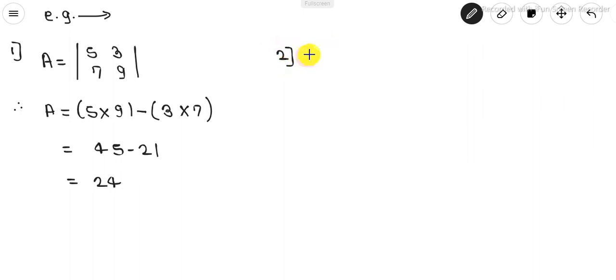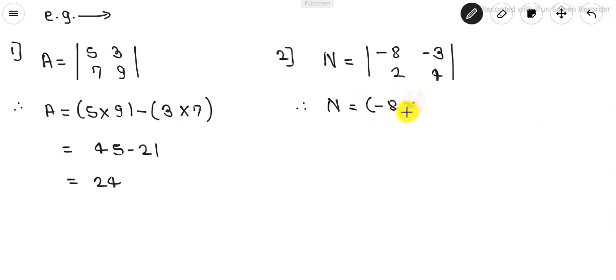The second example is given as the determinant N is equal to minus 8, minus 3, 2, 4. Now we have to find out the value of the given determinant. Therefore, the determinant N is equal to minus 8 into 4 minus minus 3 into 2.